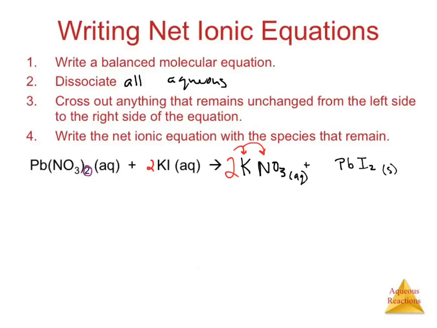So we'll start. Lead nitrate. What happens to lead nitrate? Well, it's aqueous, so I should dissociate it. So what are the ions? I get lead plus 2. Lead nitrate. This is one of the reasons why I don't like this part of Gen Chem. We have our phases that you also have to include.